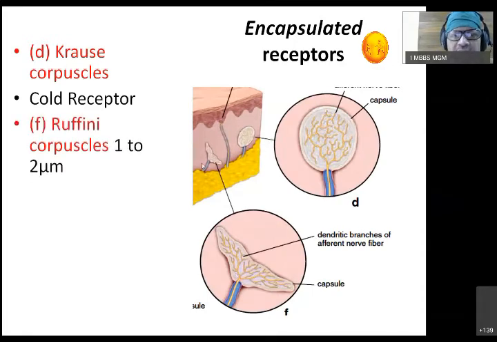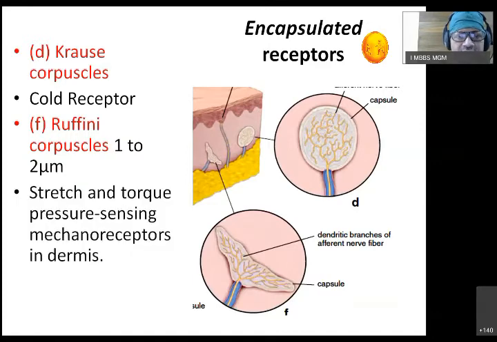Then another receptor is called the Ruffini corpuscle, 1 to 2 micron. Basically, it is at the junction of the dermis and hypodermis. Whenever I twist the skin, whenever I twist somebody's hand and pull the skin, that usually gives a torsion effect. So stretch and torsion pressure are carried by the Ruffini corpuscles. All these are encapsulated corpuscles.